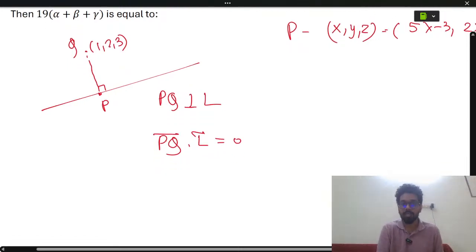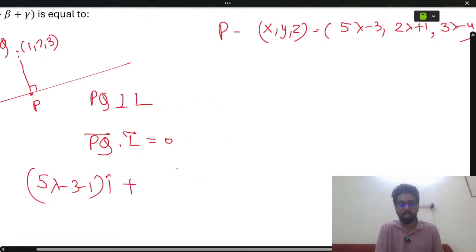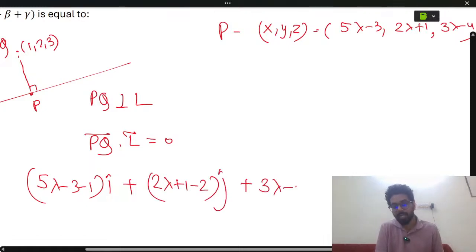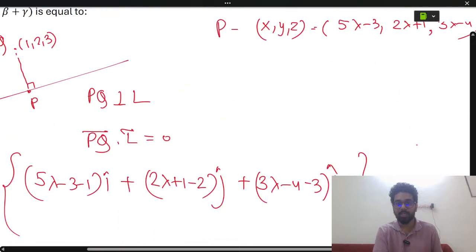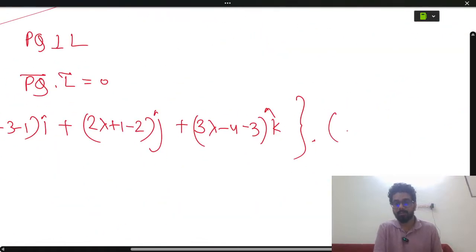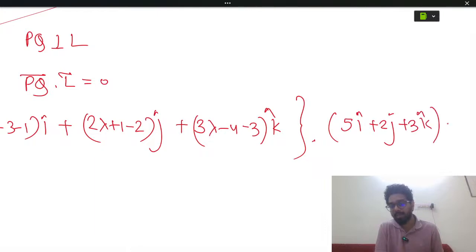What is PQ vector? 5 lambda minus 3 minus 1 I cap plus 2 lambda plus 1 minus 2 J cap plus 3 lambda minus 4 minus 3 K cap. This is PQ vector. Now you will take the dot product of this with the line's direction ratio, 5 I cap, 2 J cap plus 3 K cap, and make it equal to 0.